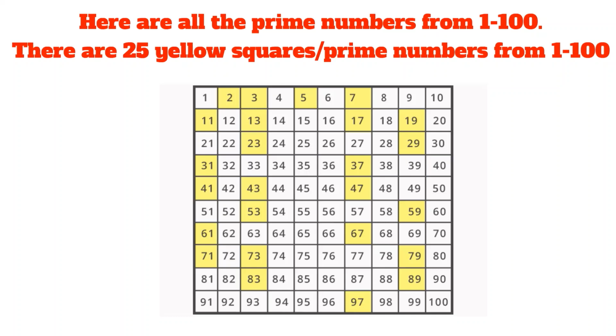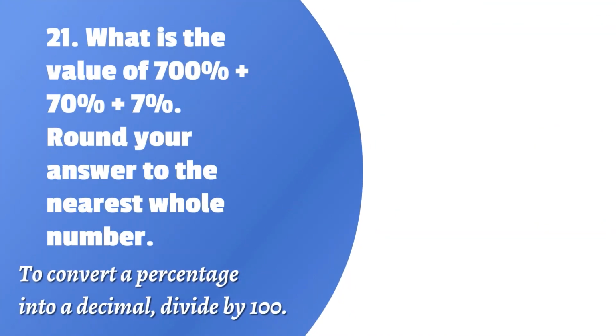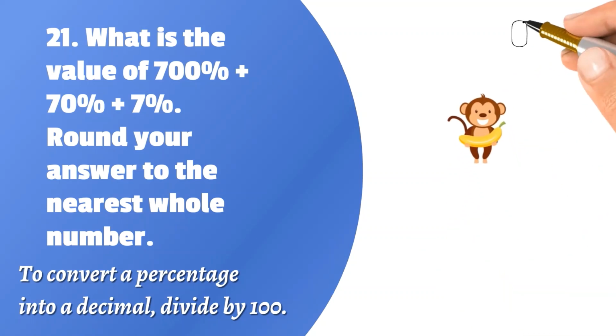There are 25 yellow squares, or prime numbers, from 1 to 100 in this chart, so the answer is 25. Number 21. What is the value of 700% plus 70% plus 7%? Round your answer to the nearest whole number.